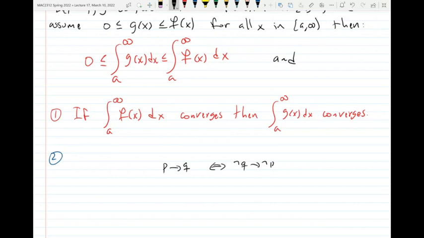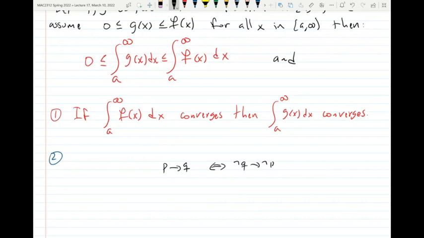So this one is of the form P implies Q. P is the integral of f converges and Q is the integral of g converges. So if the integral of f converges, then the integral of g converges. The contrapositive, which is equivalent, says the negation of Q. So what's the negation of this? If the integral of g diverges, then the negation of P, the integral of f diverges. So they actually mean the same thing. I could only write this one and be done with it, but I'm going to write both, okay?